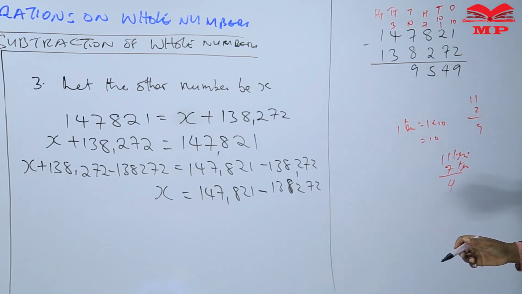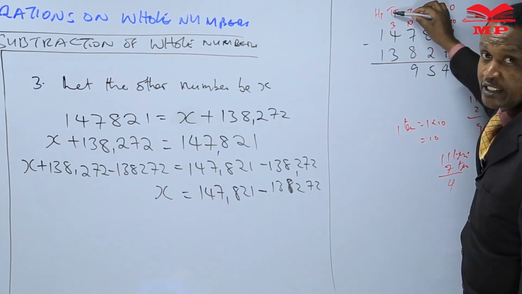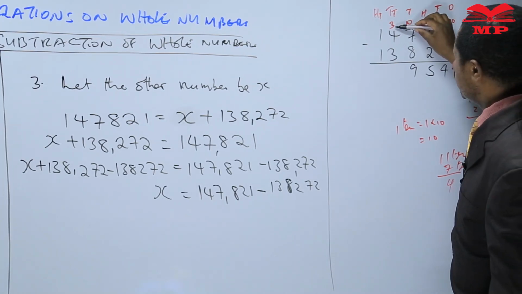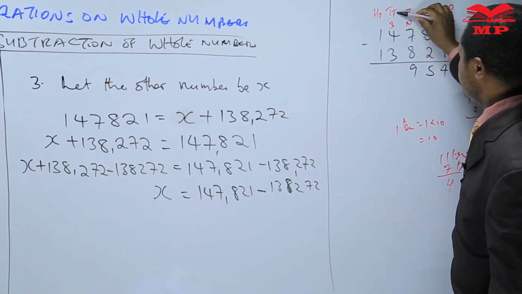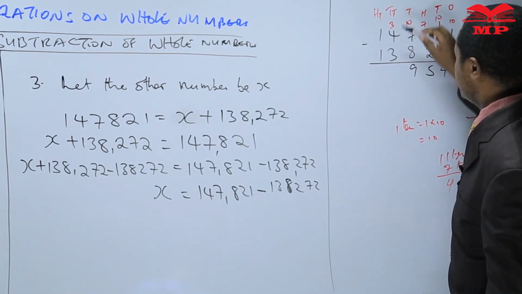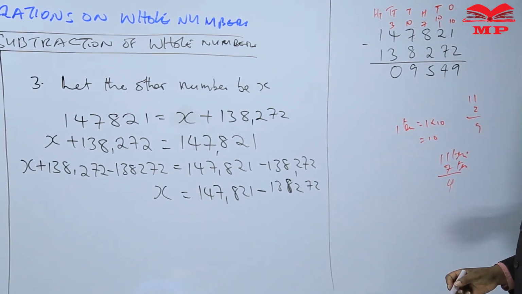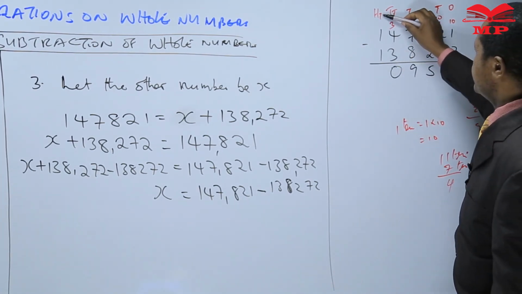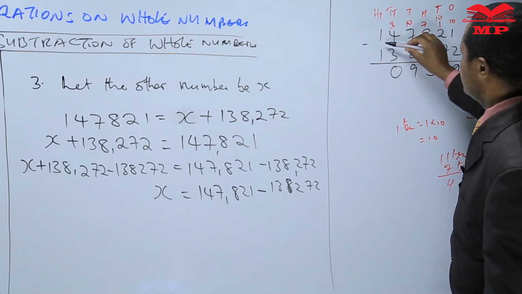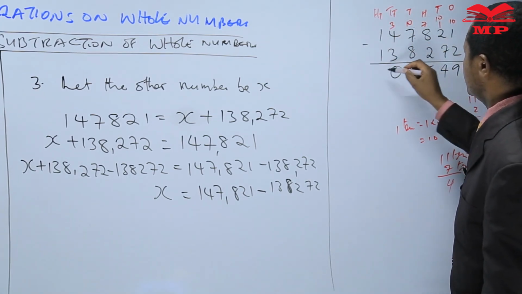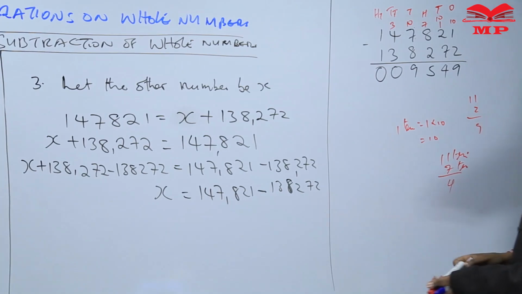Here we now move on to the 10 thousands. We have 3 10 thousands minus 3 10 thousands giving us 0. Then we subtract the 100,000s. 100,000 minus 100,000 is equal to 0.